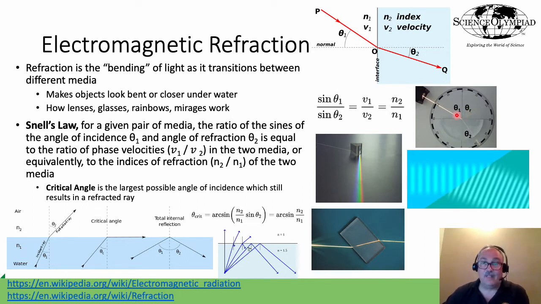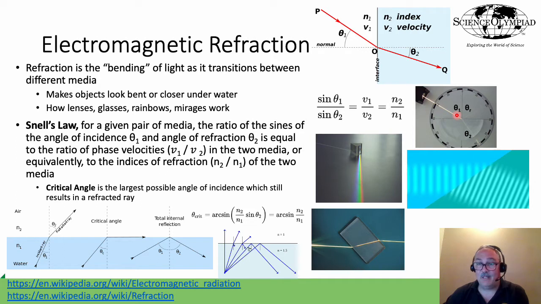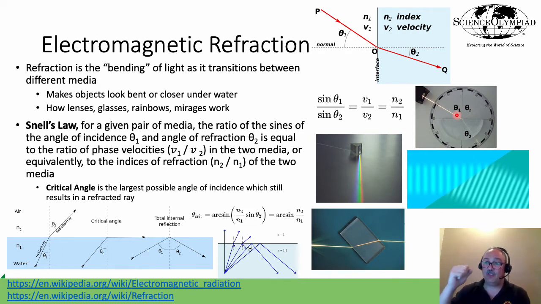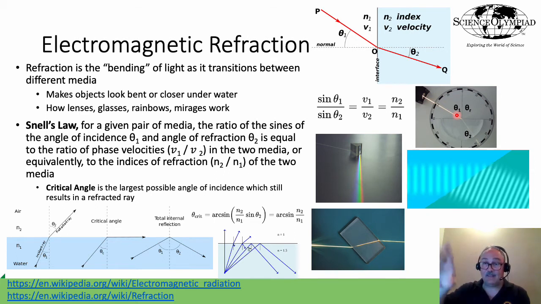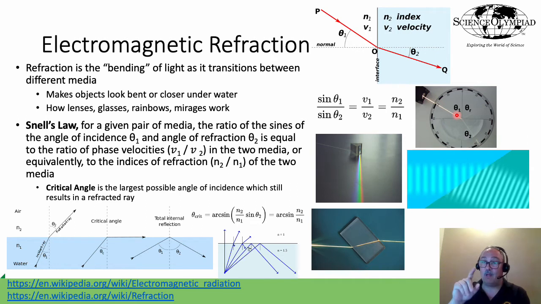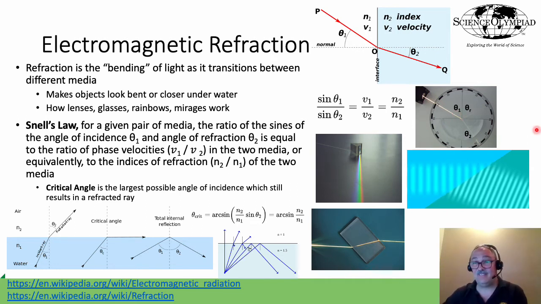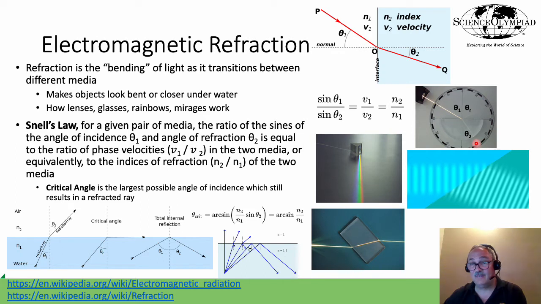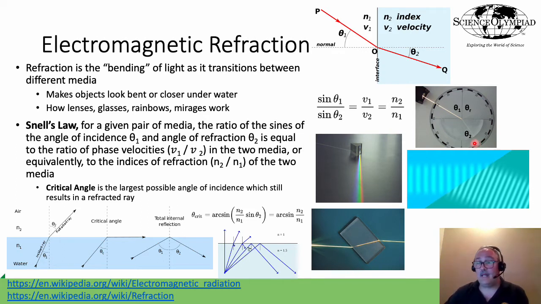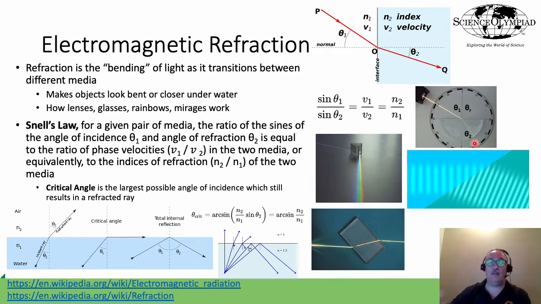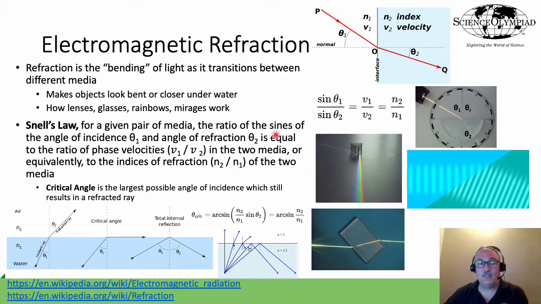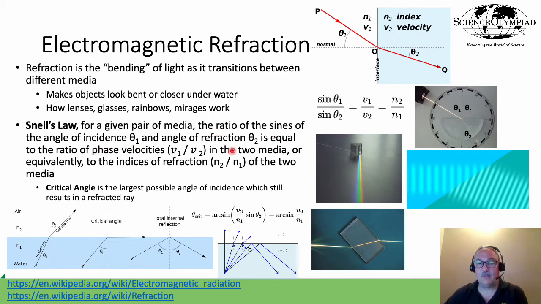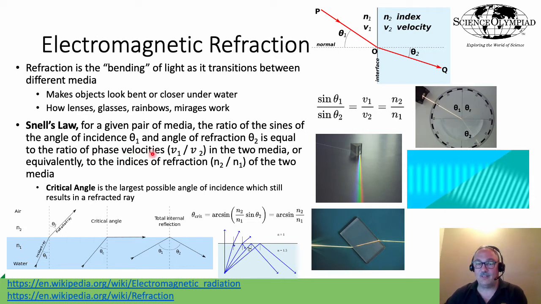So yes, you can actually have the light split, and that makes sense because if I'm shining a light on top of, let's say, a lake, I can see the reflection up, but if I'm in the lake, I can also see the light inside the lake. A guy named Snell came up with his law for a given pair of media. Basically the ratio of the sines of the angle of incidence and the angle of refraction is equal to the ratio of the phase velocities, the ratio of the velocities.